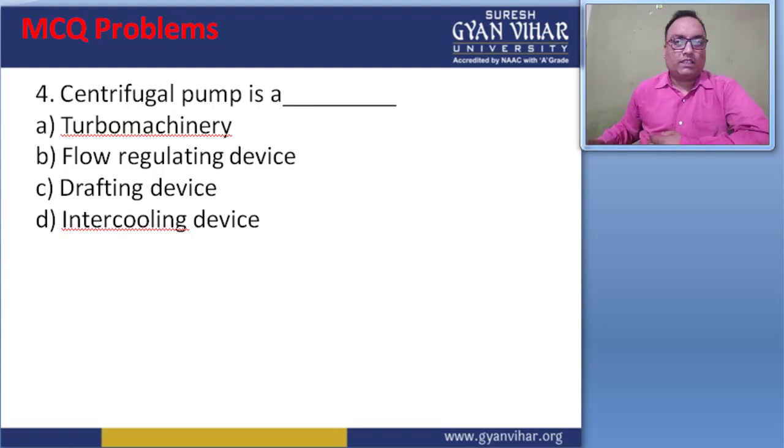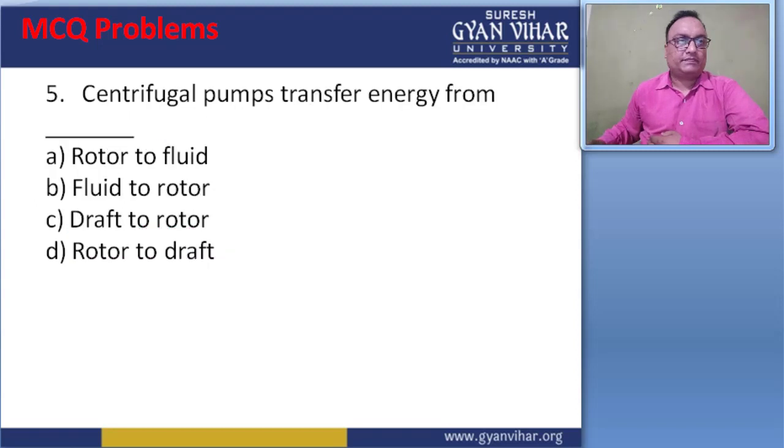Then the 5th question: a centrifugal pump transfers energy from rotor to fluid, fluid to rotor, draft to rotor, or rotor to draft. So here it transfers energy from rotor to fluid, and A is the right answer.